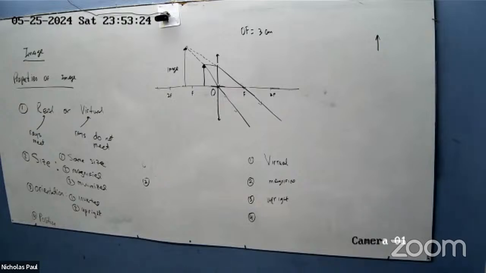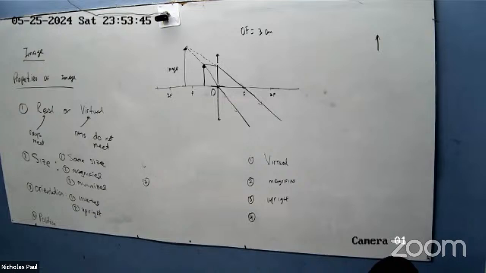Well, you need some more specific directions. Well, Chetan, what were you saying? Beyond F on the left side. All right, I can pass that. But here is what you will actually say: on the same side as the object.